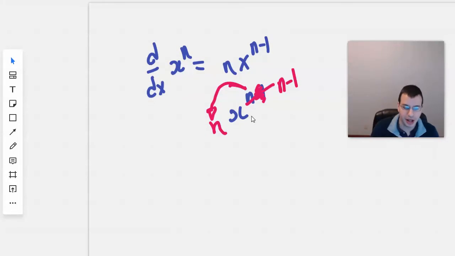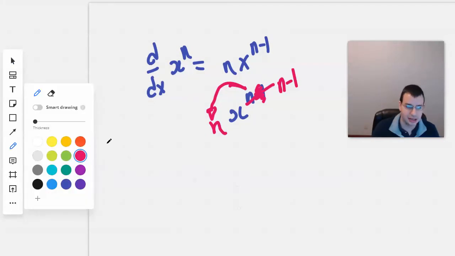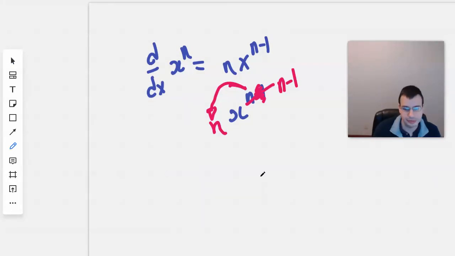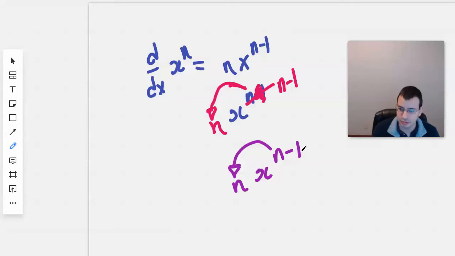So I've always thought of it as you take the n, you move it down here, and since you took it away, the exponent now goes to n minus 1. Because you took away the big n, now you're left with something smaller. And you took it and you move it down.